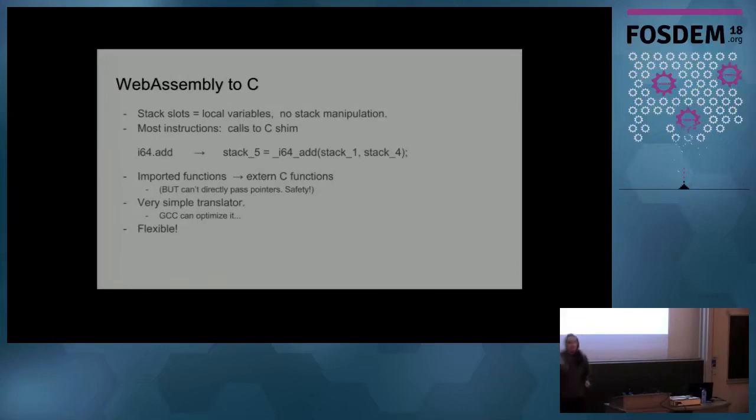And it is very flexible because, as I said before, most instructions are just calls to predefined names. So you can define, for example, if you want to really check some operations, check memory accesses, you can. If you don't want to check memory accesses, you also can. It just depends on the way you implement those C functions.